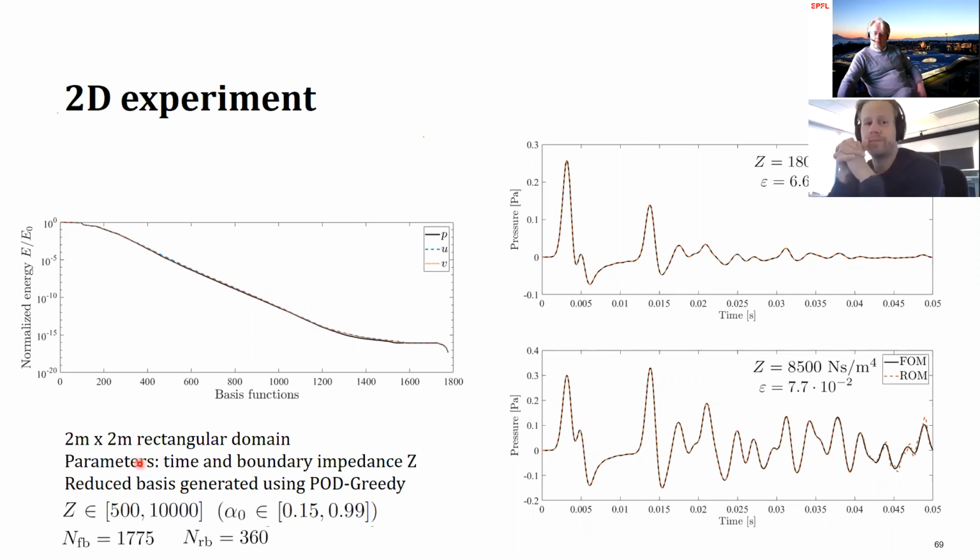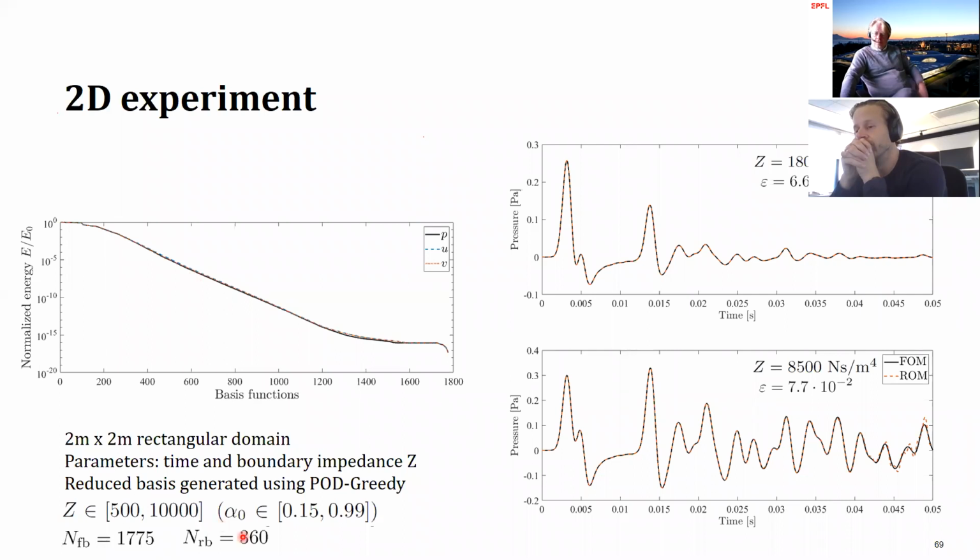simulate the full model for those values, and we take that data, we do a singular value decomposition of that data. If we look at the decay of the singular values, we see that if we select, for example, enough basis functions to obtain 10 to the power of -3 energy here, then we have around 360 basis functions in the reduced model, whereas our full model had a size of 1800 degrees of freedom.